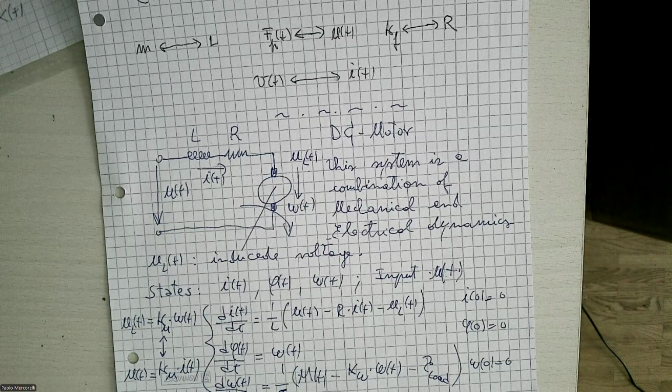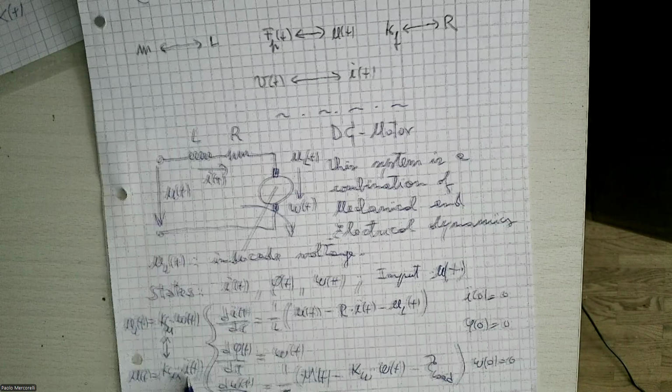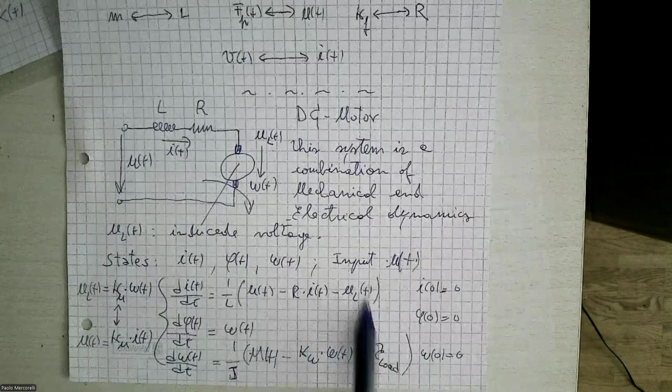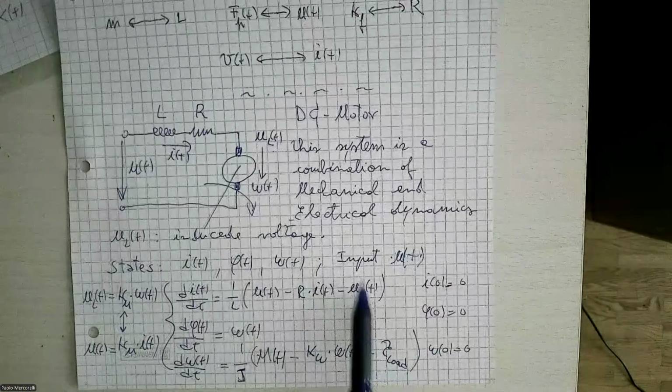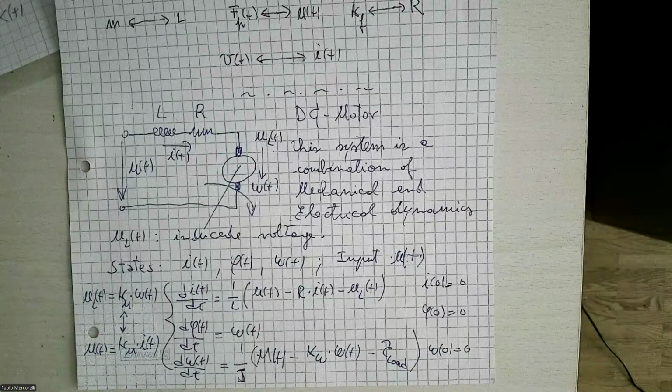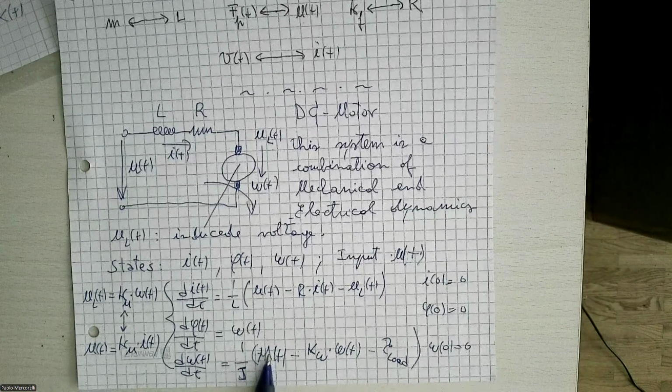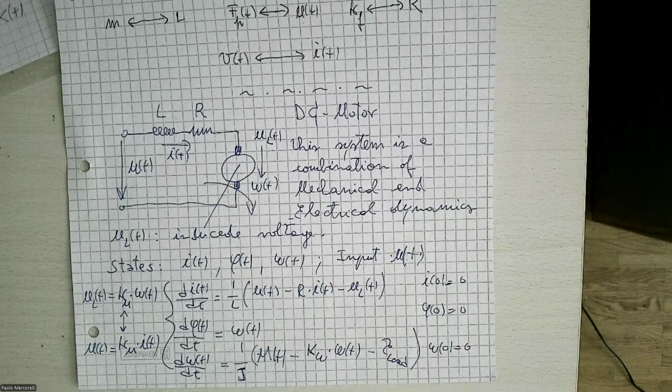Now we can see the interconnection, electrical, mechanical, but you can see M of t depends on the current, which is an electrical state. UL, this element here, depends on omega, which is a kinematic state. I, the current here, which is involved in the mechanical system, is an electrical state.